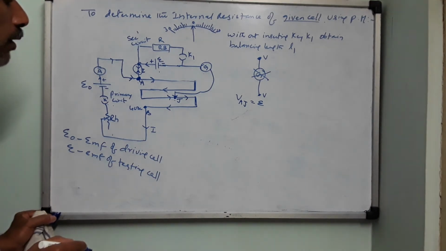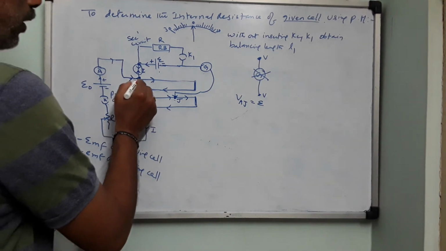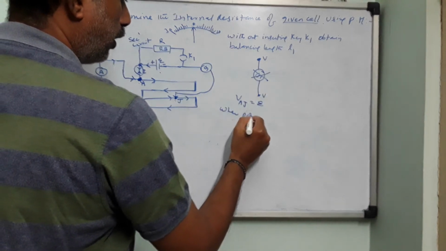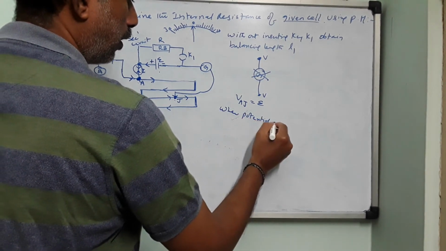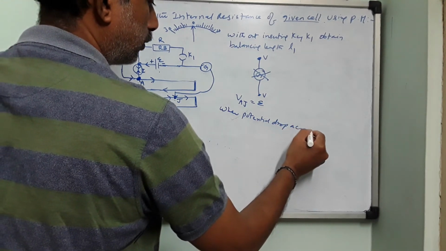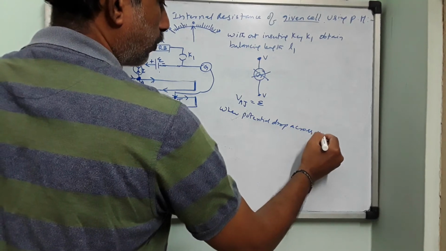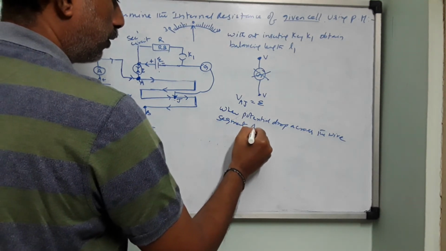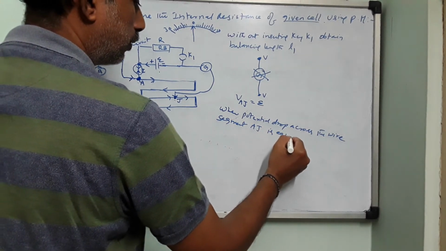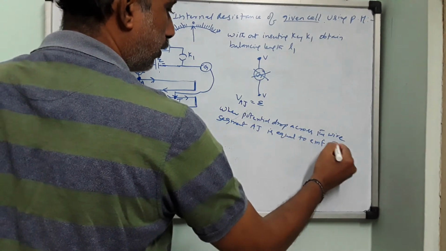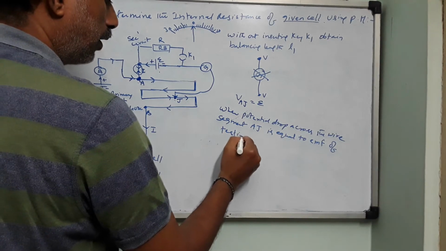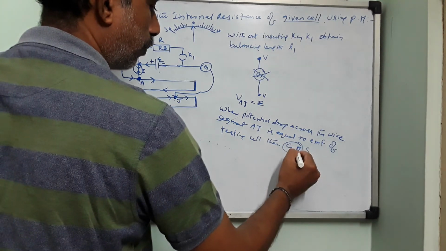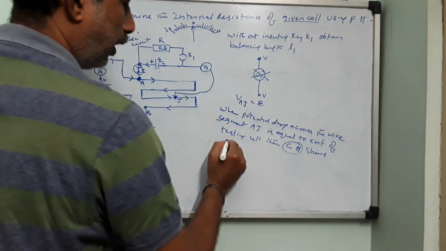Clear? When the potential drop across the wire segment AJ is equal to the EMF of the testing cell, then the galvanometer shows null deflection.